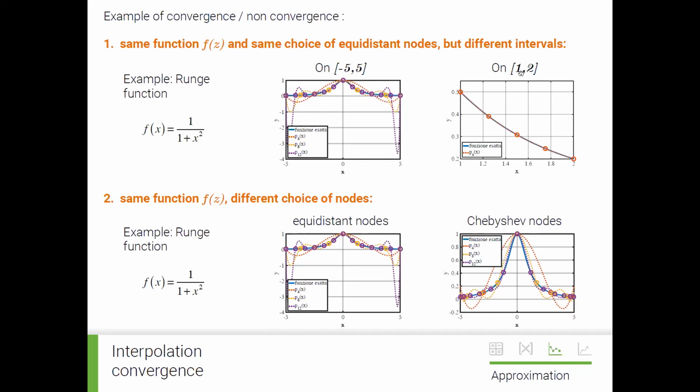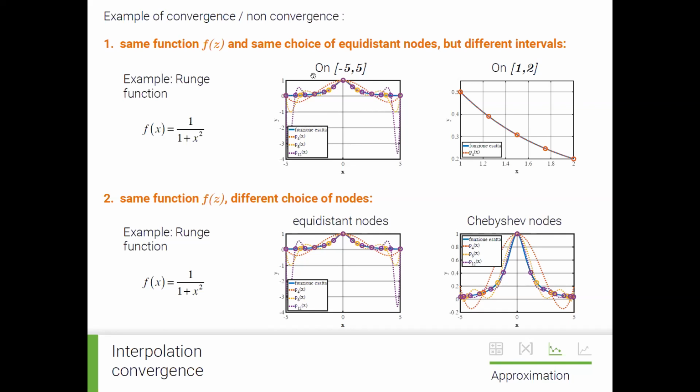But on the interval 1 to 2, you can see they are the same, so it means there is convergence. We have the same function and the same choice of nodes, just equidistant nodes, but different intervals, and we have two different answers.